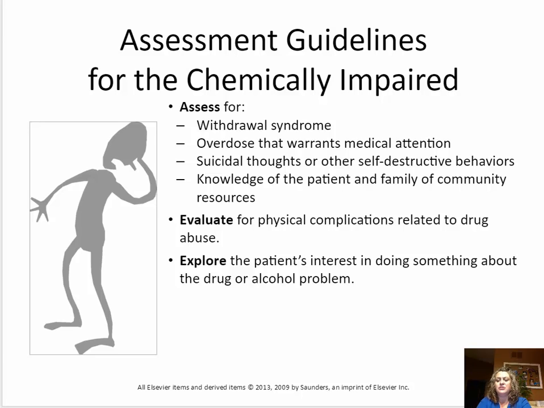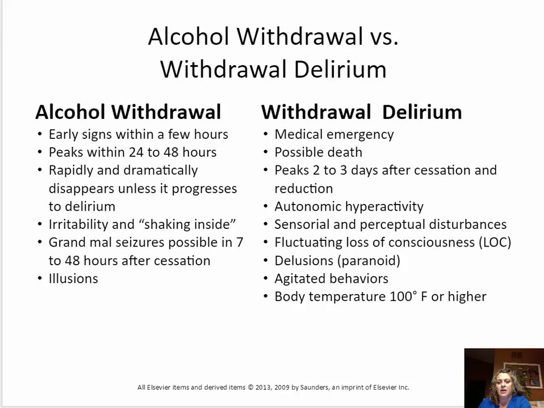And then explore the patient's interest in doing something about the drug or alcohol problem. Oftentimes they will be upfront and honest with you and tell you that they just don't want to quit. Or else, more often than not, they very sincerely want to quit, but remember that it is a relapsing disease, and they do experience relapses, which is challenging for the patients and families.